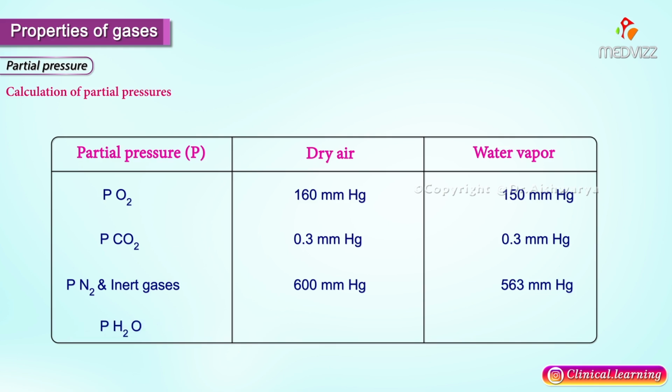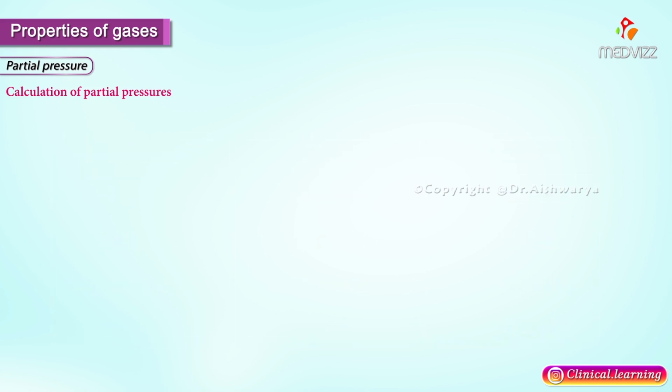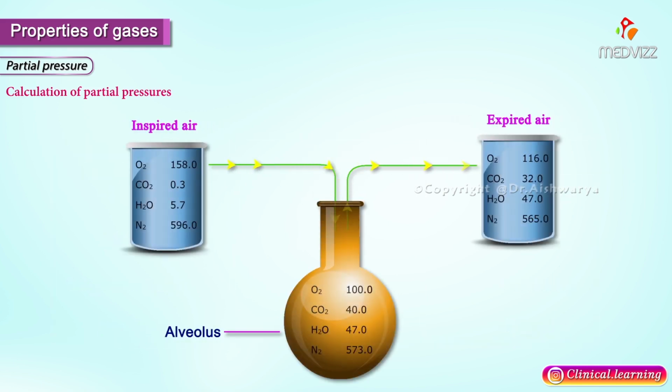The partial pressure of water is nil in dry air, and it is 47 millimeters of mercury with water vapor. Here you can see the image showing the partial pressures of various gases in inspired air, alveoli and expired air respectively, and the values are given in millimeters of mercury.